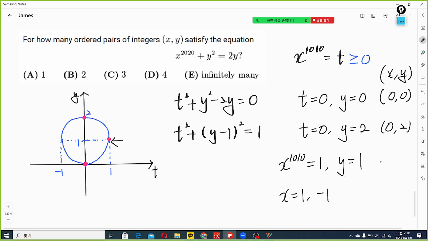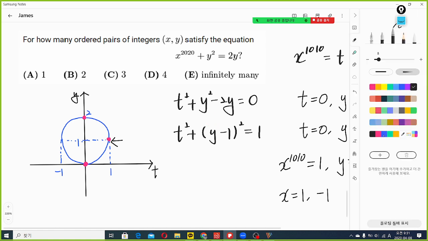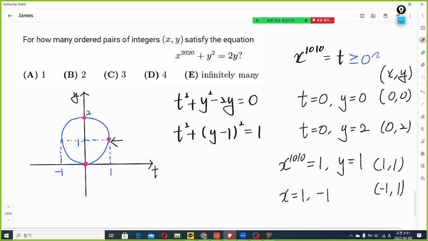So we can make another 2 pairs, 1 and 1, and minus 1 and 1. So how many pairs are in total? The number of pairs is 4.